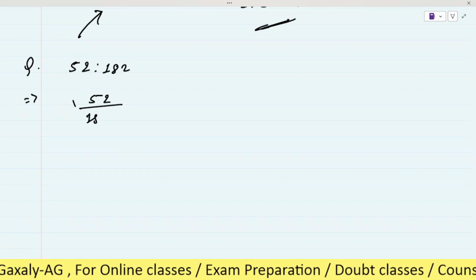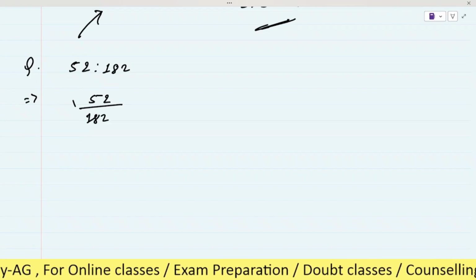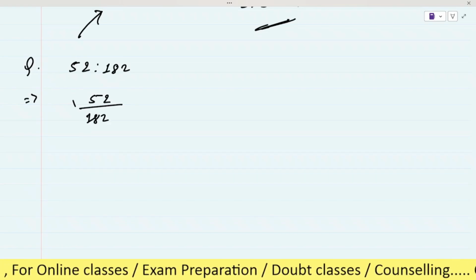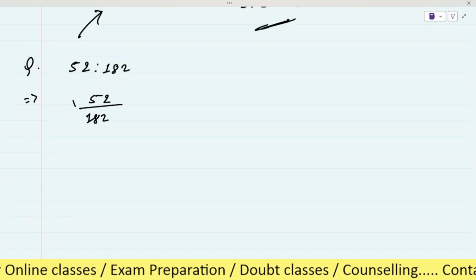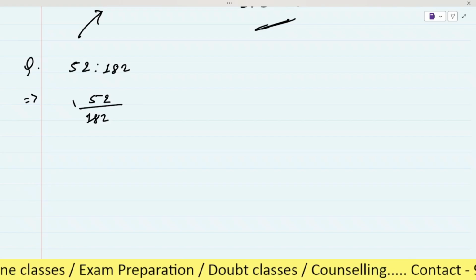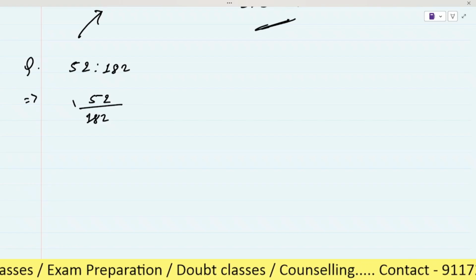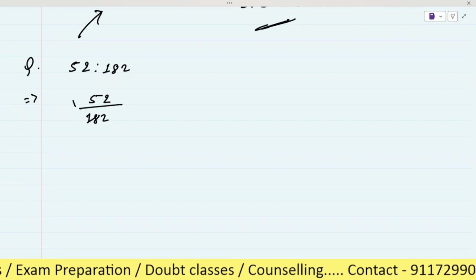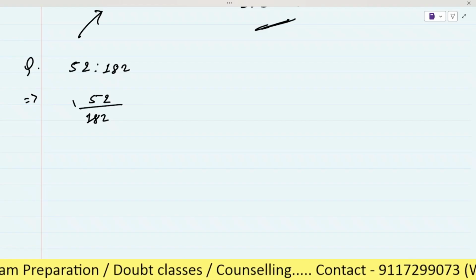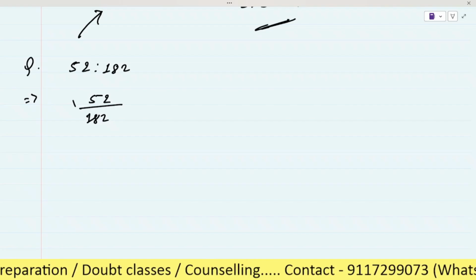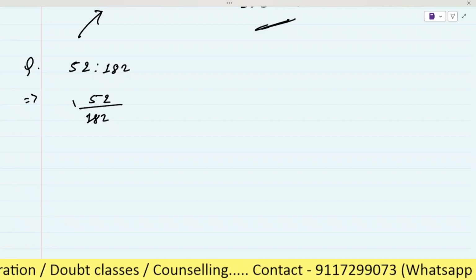It means you have to just divide it by common factors, and continue till the step where there is no common factor between them. Okay, is it clear now?